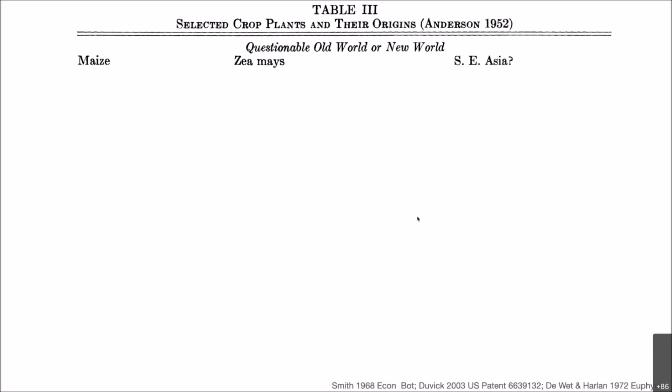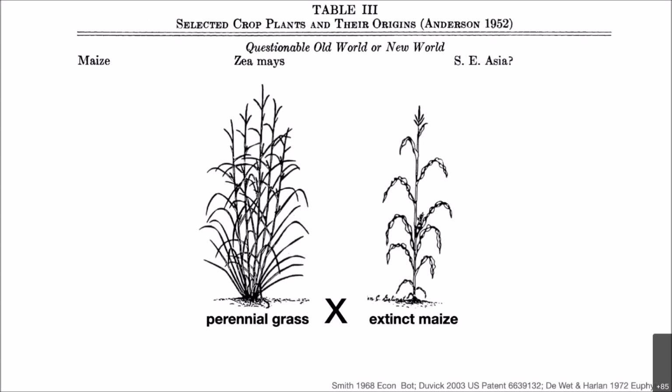And even midway through the 20th century, prominent botanists like Edgar Anderson still questioned whether maize came from the Old World or the New World, and debated perhaps maize originated in Southeast Asia. Throughout most of the 20th century, the prevailing hypothesis was one led by Mangelsdorf and his students.